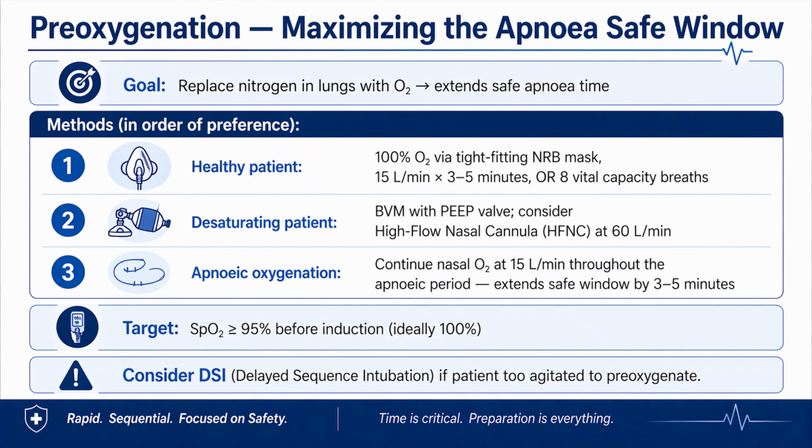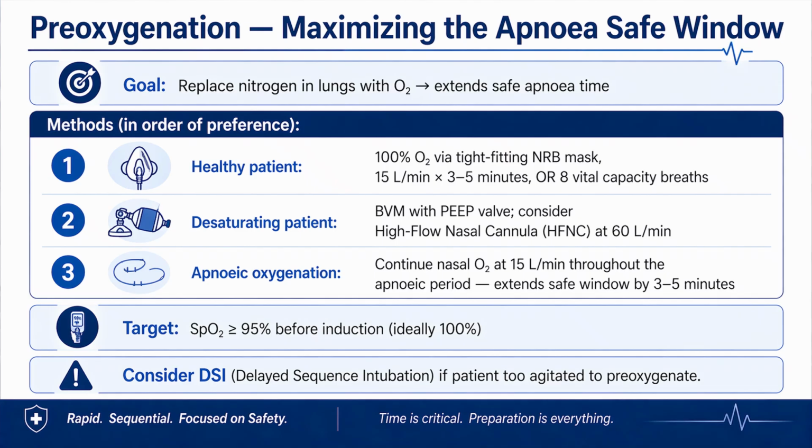So how do you do pre-oxygenation? In healthy patients, you give 100% oxygen through a tight-fitting, non-rebreathing bag mask at 15 liters per minute for 3 to 5 minutes, or you ask the patient to take 8 vital capacity breaths through that mask at 15 liters per minute. If the patient is desaturating, then you have to use an Ambu bag with a PEEP valve and consider high flow nasal oxygenation at 60 liters per minute.